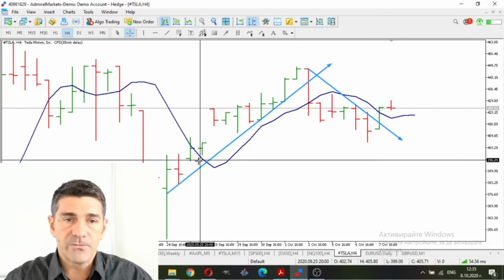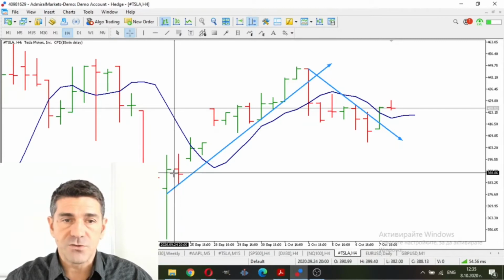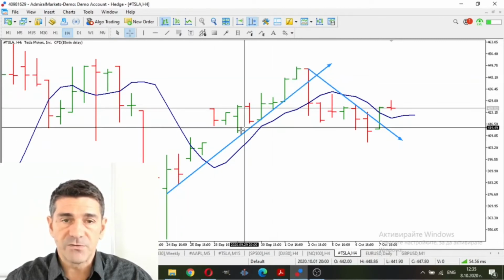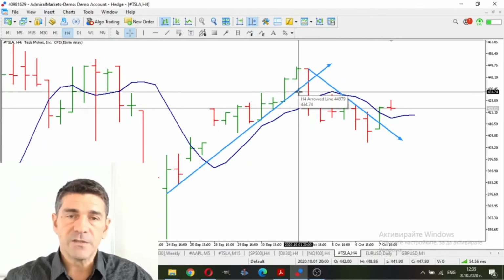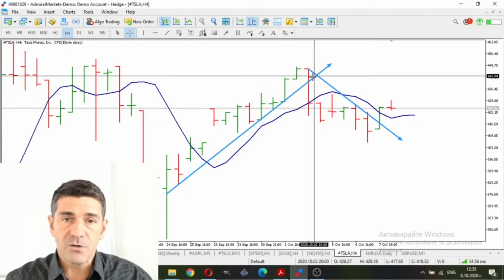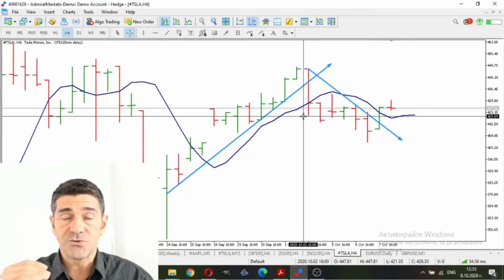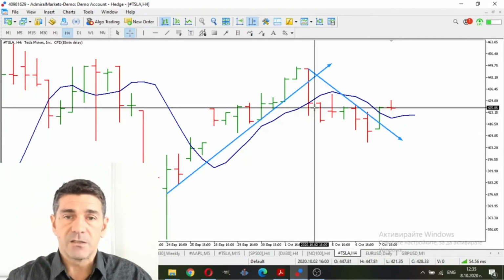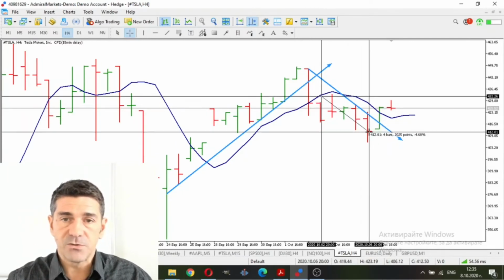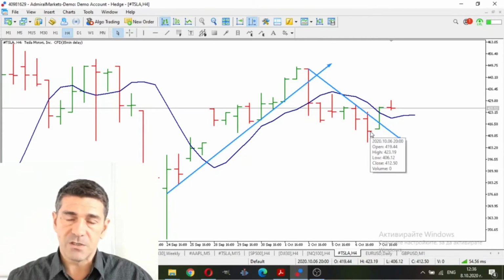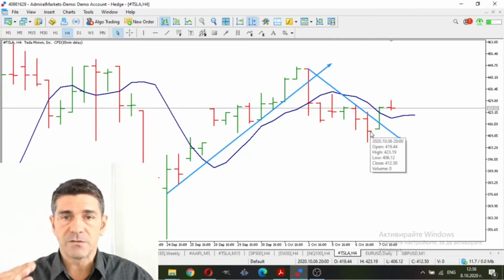And we are making these conclusions. When the price is moving above the trend line, we have an uptrend. When we have a breakout, the prices go below the trend line, we have a potential sell signal. And when the prices continue to move below this trend line, we consider that the trend is down.